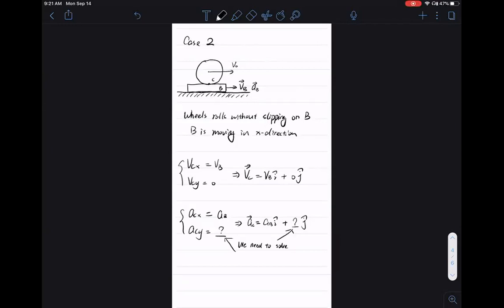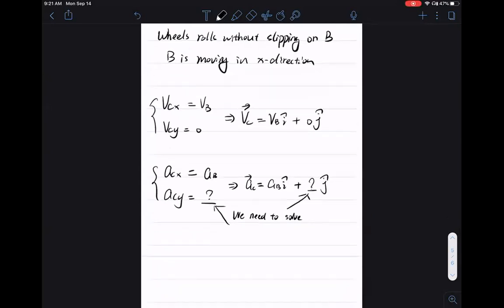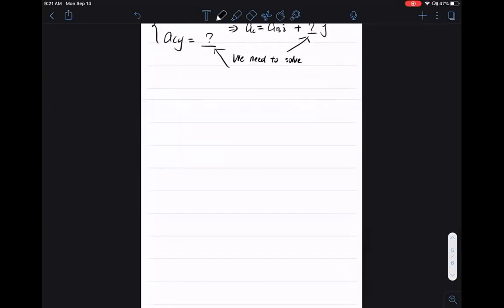If that is case 2, write down those equations for case 2. Now let's look at an example to see how we utilize these two different cases.